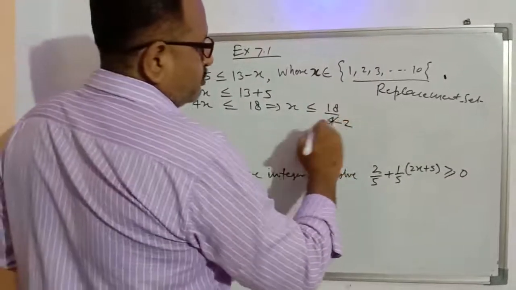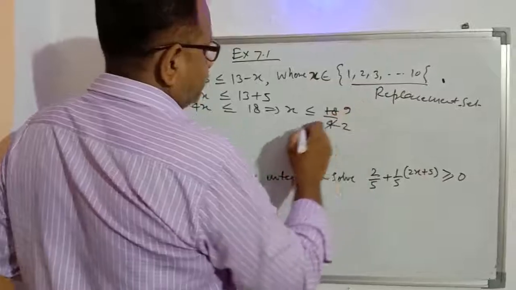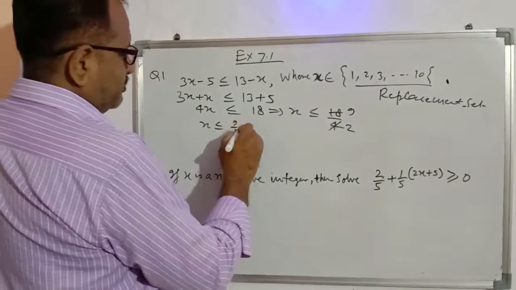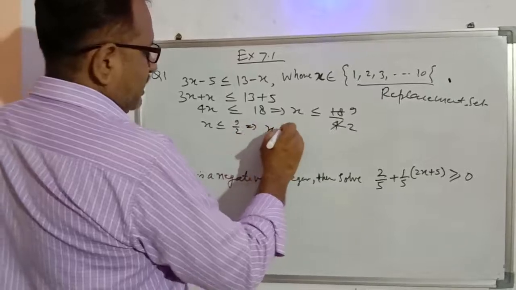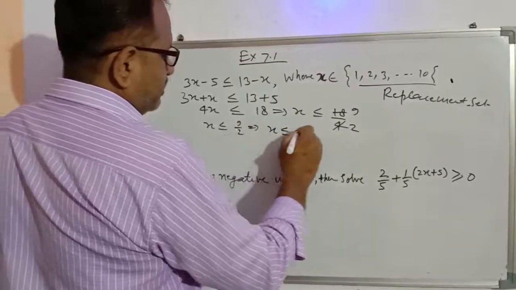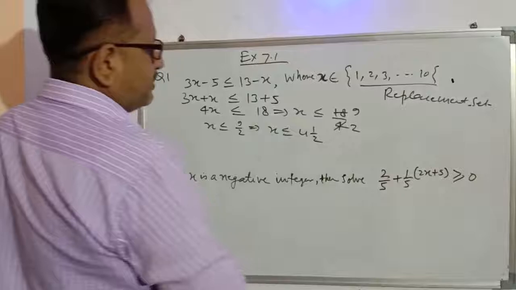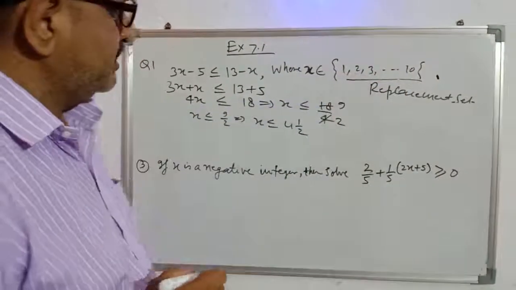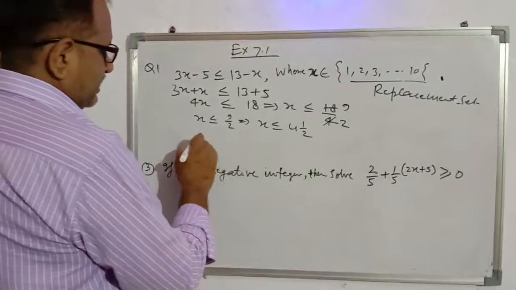So 2 twos are 4, 2 nines are 18. So x less than or equal to 9 by 2, meaning x less than or equal to 4 whole 1 by 2. And we have to take the values of x from this set. So what will be the solution set?